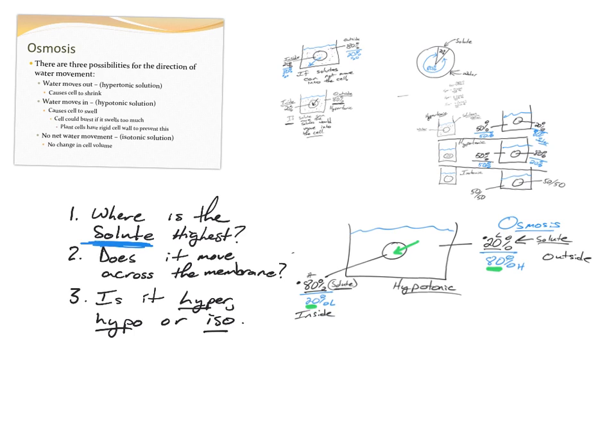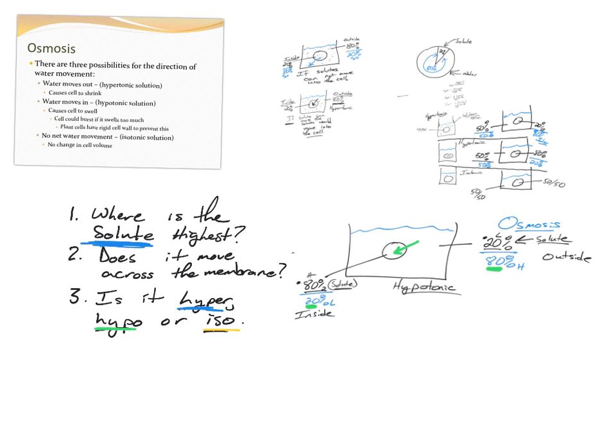Hyper. High concentration of solute inside, hypo. And same concentration, iso. That's it. We're done with that. You're defining one of those three situations, and it all depends on where the concentration of solute is the highest.